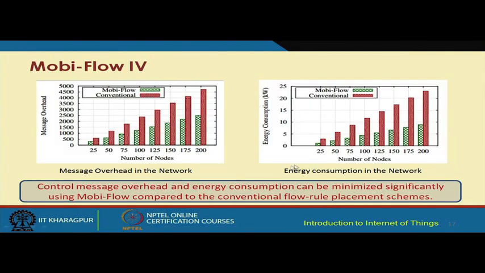With respect to message overhead and energy consumption, MobiFlow performs better compared to the conventional solution, and this is quite evident from these two plots. Control message overhead and energy consumption can be minimized significantly using MobiFlow compared to the conventional rule placement schemes.